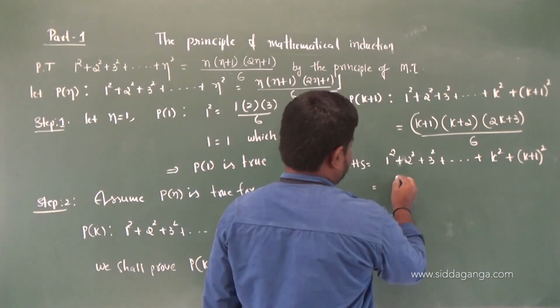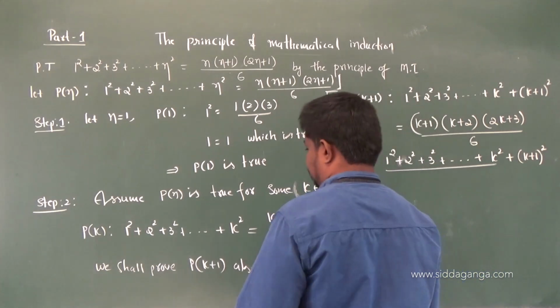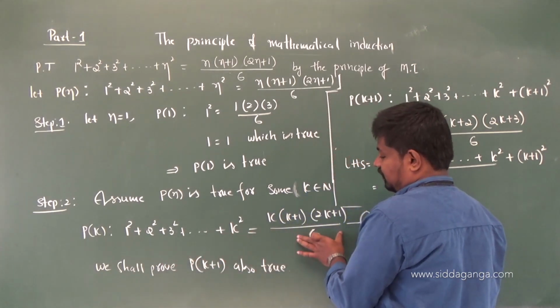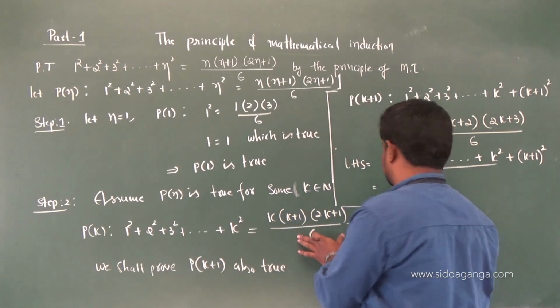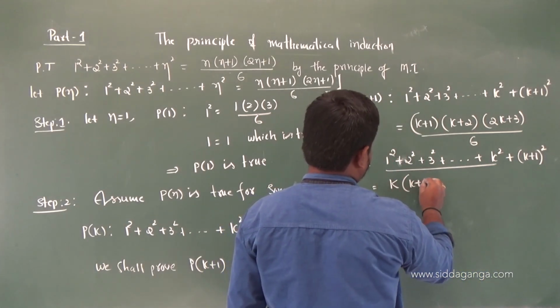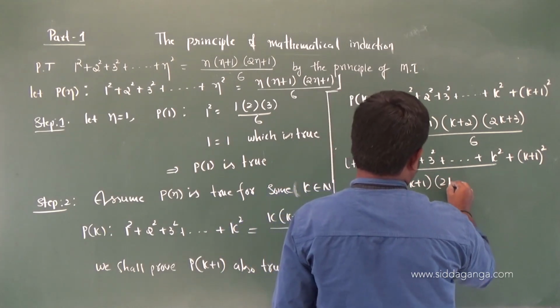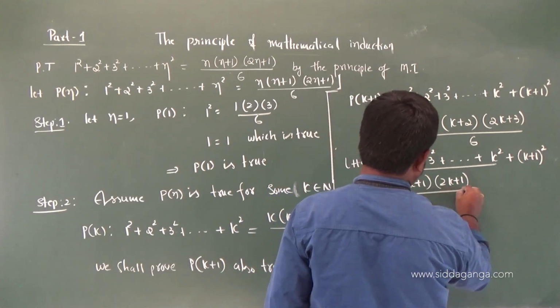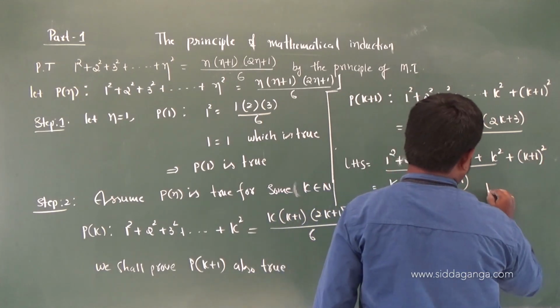Now till here, 1 square plus 2 square plus 3 square till k square, we have the result from equation 1, as it is. In place of this, k into k plus 1 into 2k plus 1 by 6 plus k plus 1 whole square.